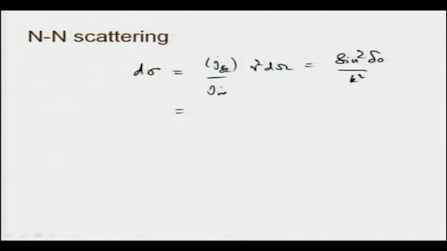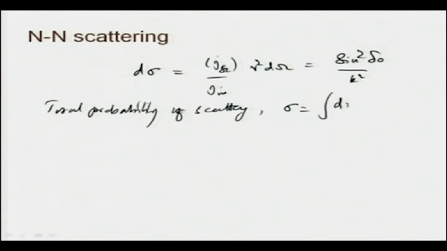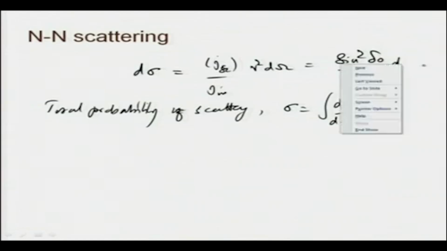And if we want the total probability of scattering, we have to integrate d sigma over d omega times d omega.